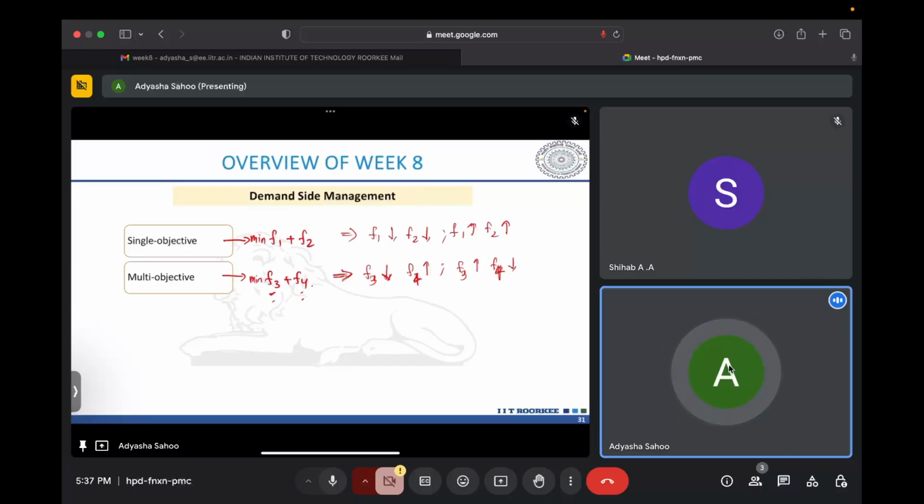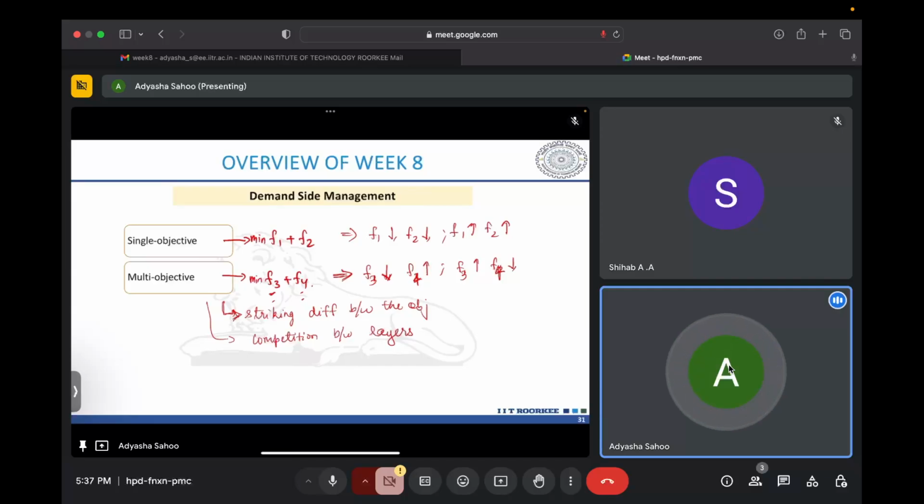This comes whenever there is a striking difference between the objectives. They are not in coherence. Or if there is, let's say, competition between two players, to model their competitive behavior, we again go for a multi-objective type optimization problem.